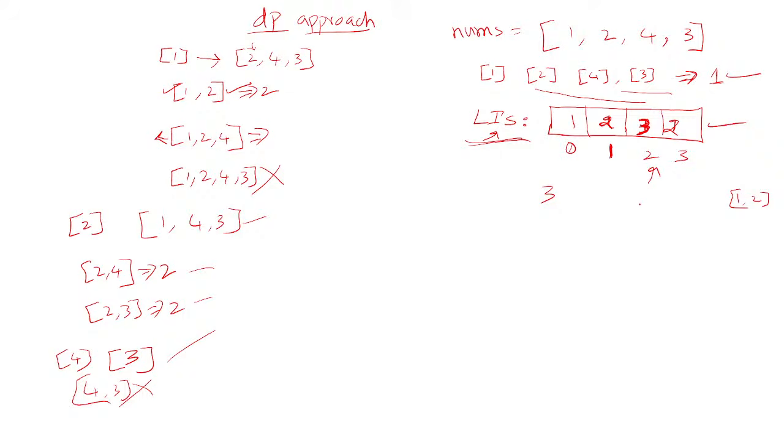That 3 indicates the length of the longest increasing subsequence of this array. What are those? 1, 2, 4 is one such increasing subsequence. 1, 2, 3 is another.